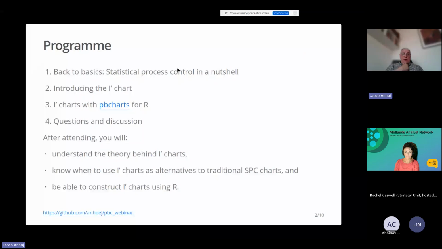I'll simply go through that, demonstrating its abilities, and hope that some of you will take on the challenge and do a thorough testing of this package and also of the I prime chart in particular. It's early days, and I think the I prime chart is very promising. I'm reluctant to say that I would simply replace all the other charts with the I prime chart at the moment, but it may very well be the case in the future.